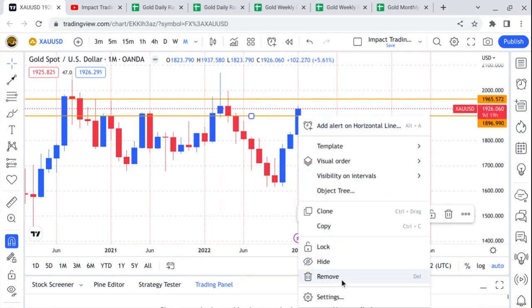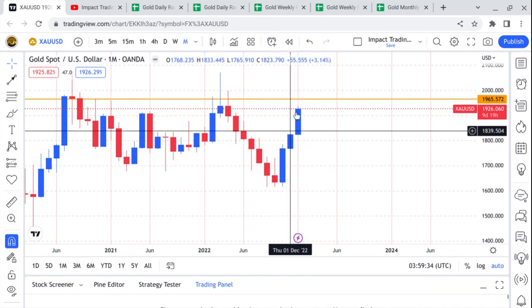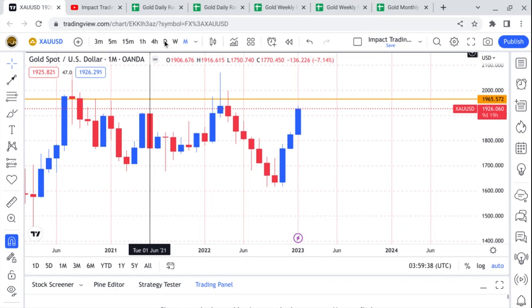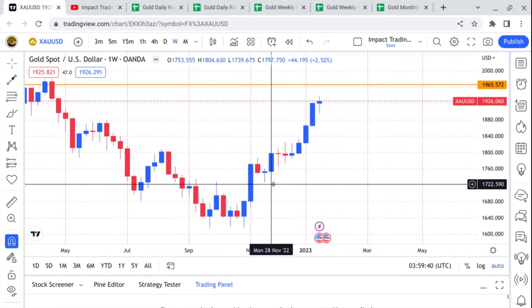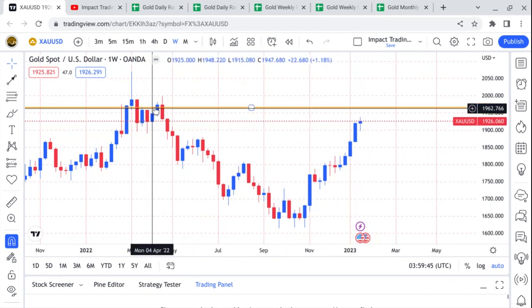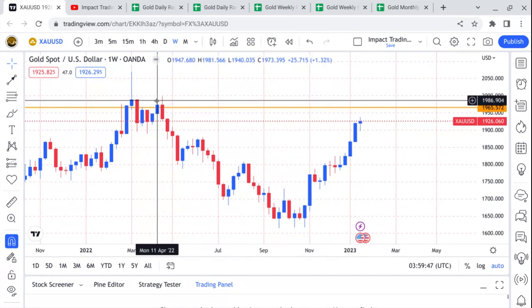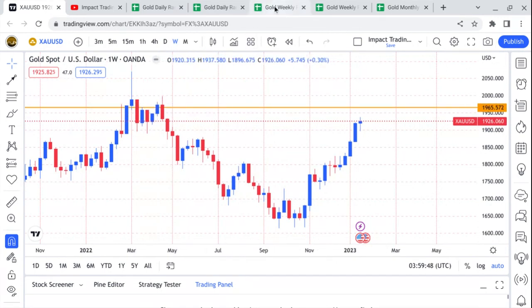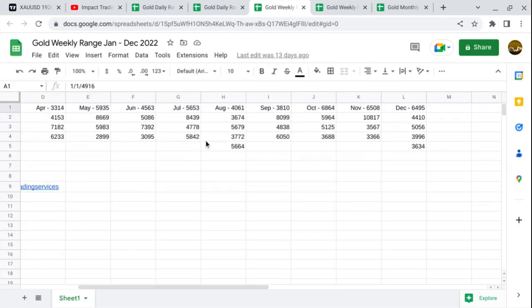We can do the same strategy for the weekly. We go to the weekly chart here, and we start seeing weekly averages. Now our weekly averages should put us in the same range. So this is all of 2022 weekly averages.